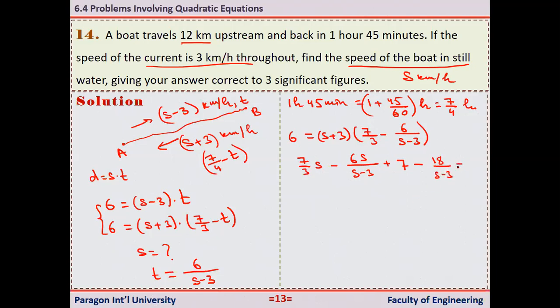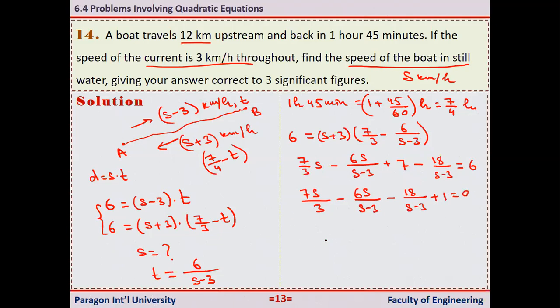On the right hand side, here we have 6. Okay, and we can take the 6 to the left hand side, so 7 minus 6 is equal to 1. So here we have 7s over 3 minus 6s over s minus 3 minus 18 over s minus 3 plus 1 is equal to 0.